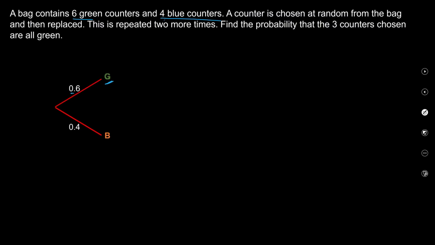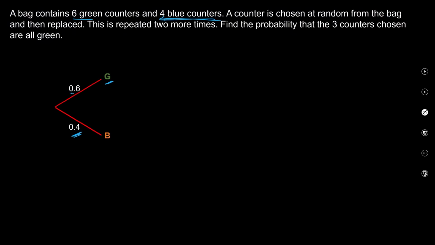What is the chance of getting a blue counter? Blue is 4 out of 10, and 4 out of 10 will give us 0.4. That's the first part. Getting green initially is 0.6, 6 out of 10. Getting blue is 4 out of 10, which is 0.4. You can write this as a decimal like that, or you can leave it as a fraction.